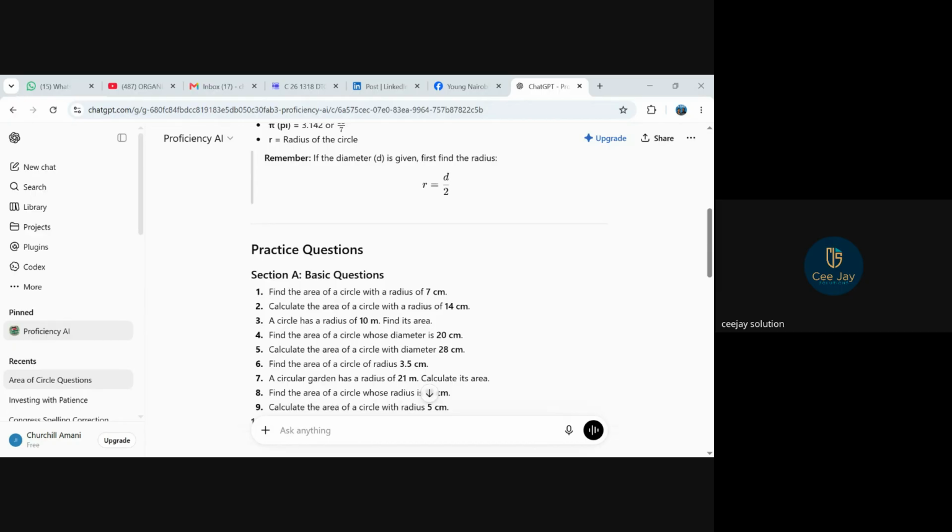The last question, find the area of a circle of radius 3.5 centimeter. Okay, tuendelee calculate.